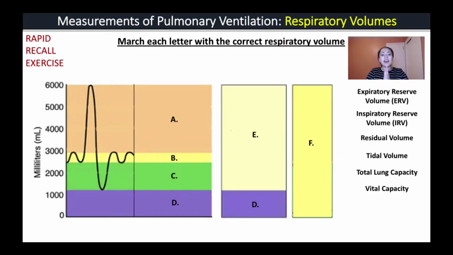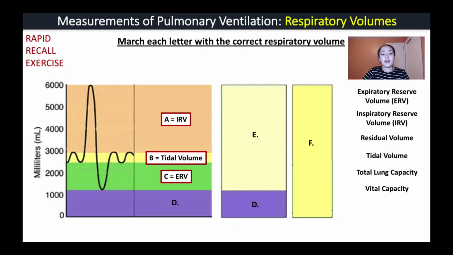All right, with knowing that, let's see if you can match these respiratory volumes with the correct letter. What would A be? A would be your inspiratory reserve volume, the extra air you can breathe in. B would be your tidal volume, the normal amount that you're breathing. C would be your expiratory reserve volume, the extra amount that you can breathe out.